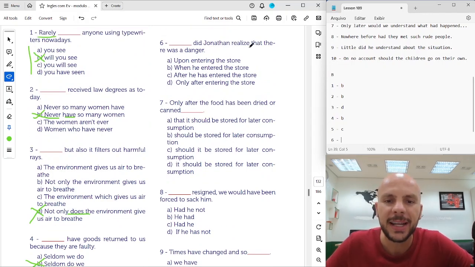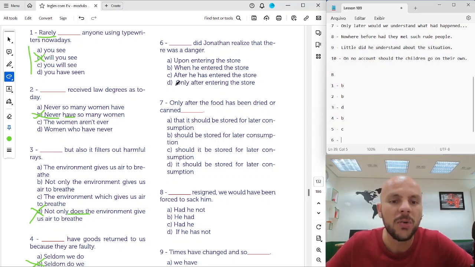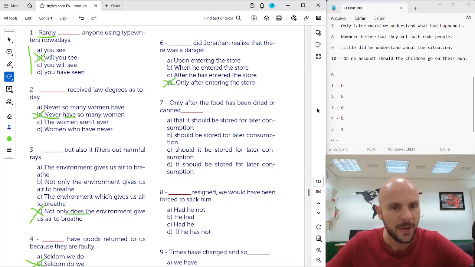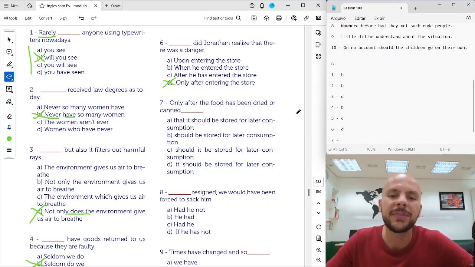Only after entering the store, did Jonathan realize? So 6 letter D. Only after entering the store, did Jonathan realize that there was a danger, okay?